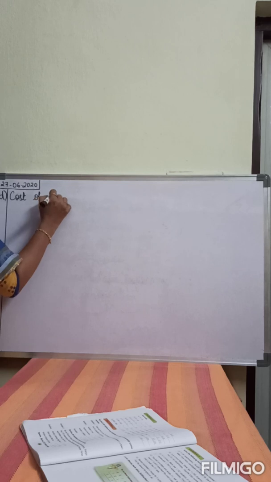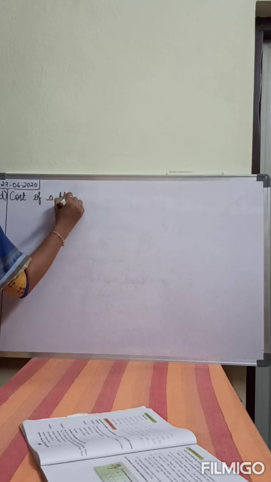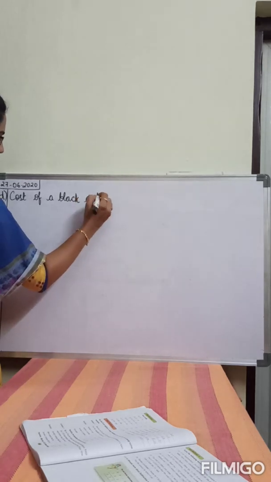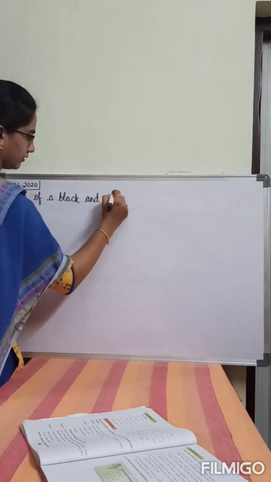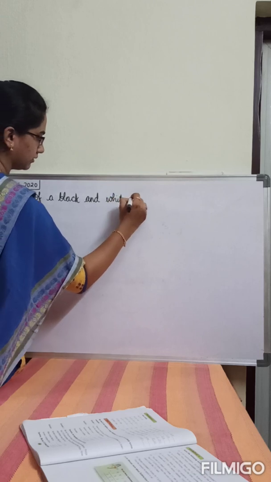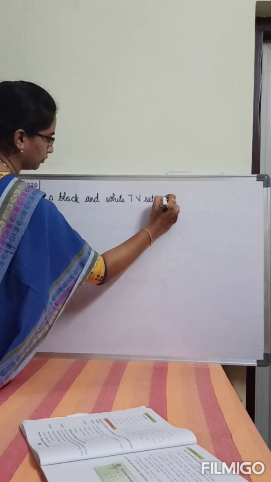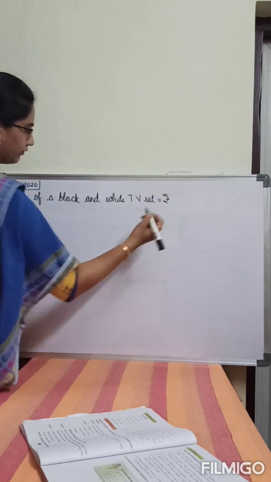Let us first write the first statement that is given. The cost of a black and white TV set. First given is cost of a black and white TV set is equal to, what is the cost of black and white TV set?